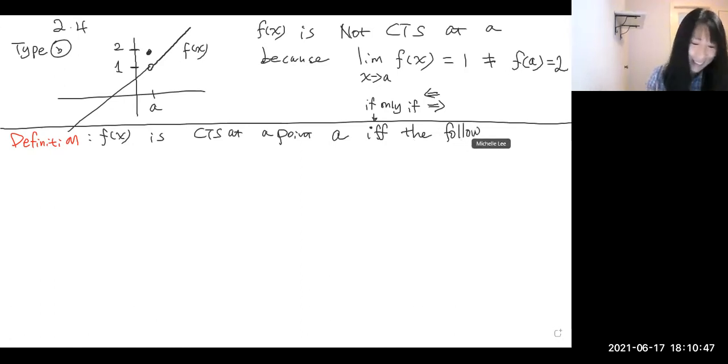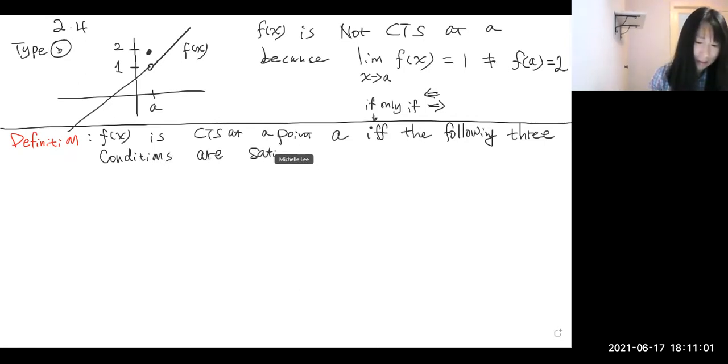Let me explain this way and the other way, okay? All right, so first one, f of a is defined.